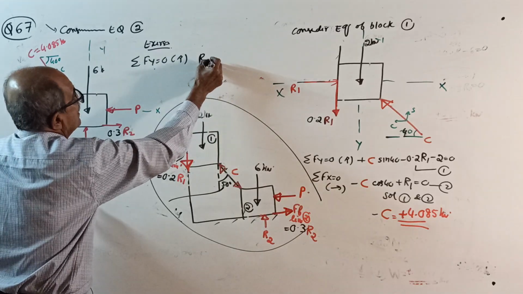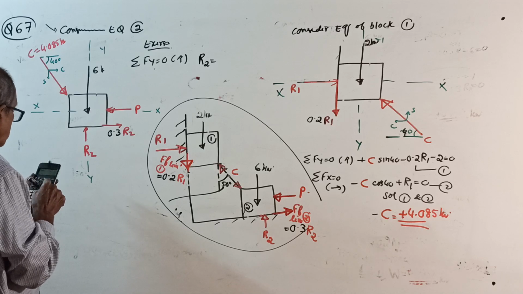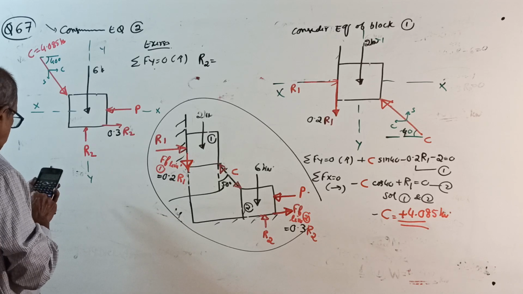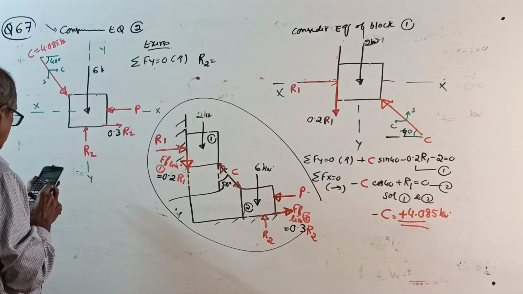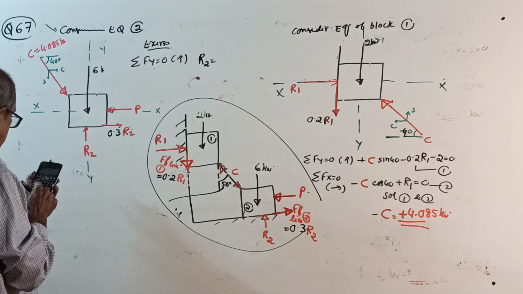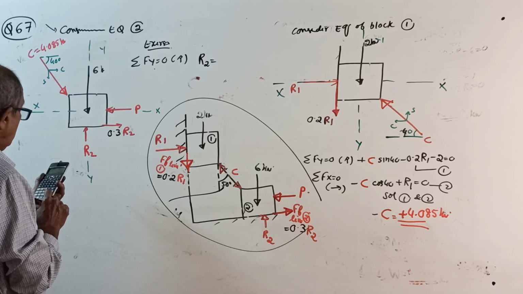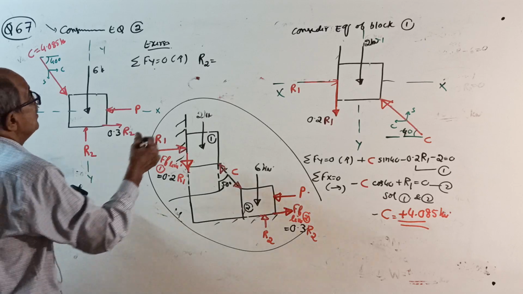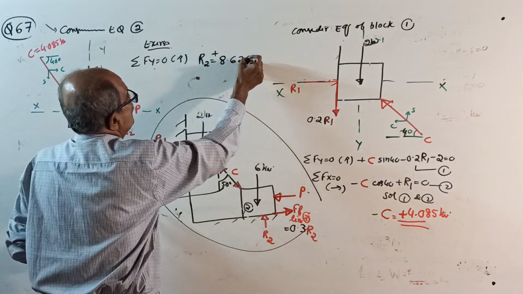You get the value of R2. 4.085 into sin 40 plus 6, it is 8.626 kilonewton.